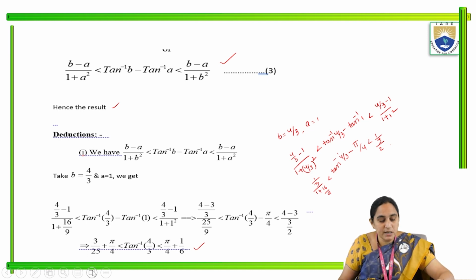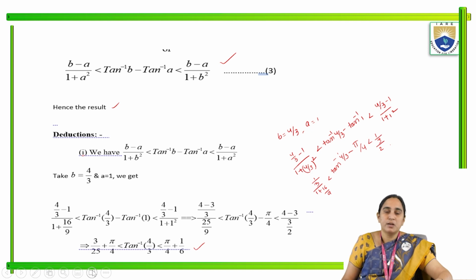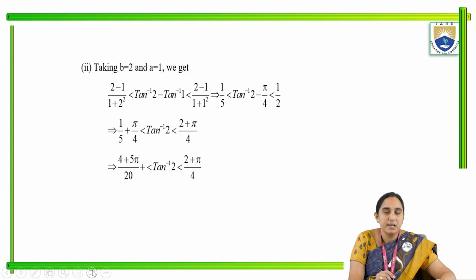Similarly, for the second deduction part, again we have to assume some other values of a and b. For that case, I am assuming b is equal to 2 and a is equal to 1. Again, we have to substitute those a and b values in the third equation.